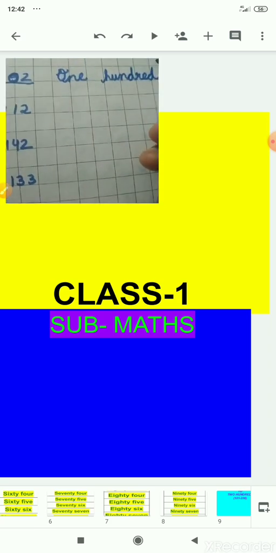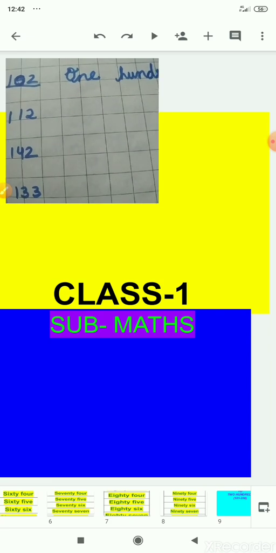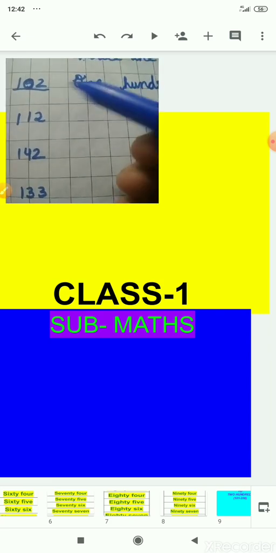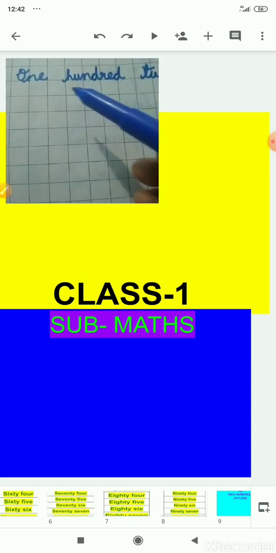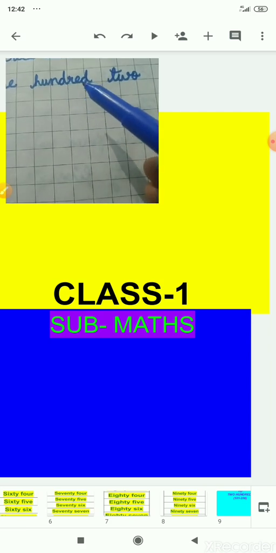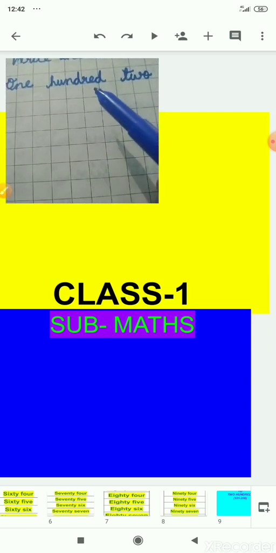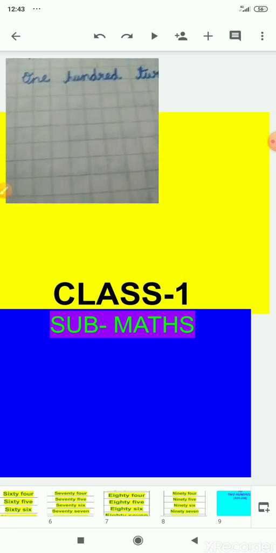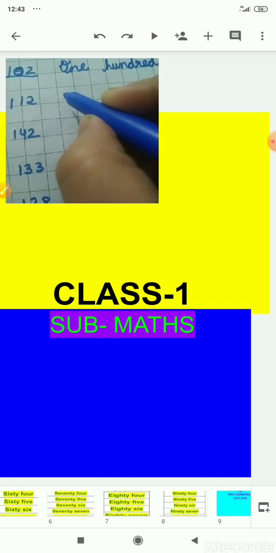Now I will show you how to write the spelling of these numbers. Our first number is 102. So here I have written ONE 1, HUNDRED 100 and TWO 2, 102.